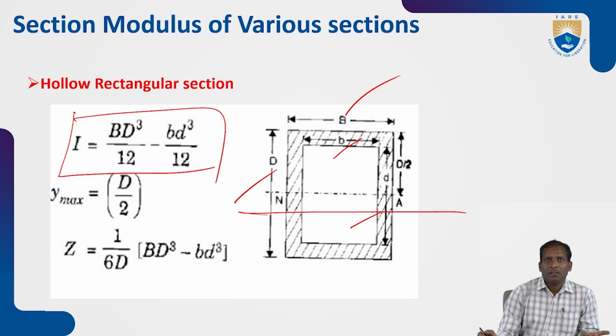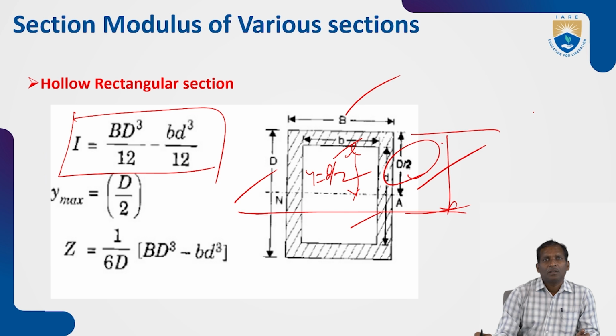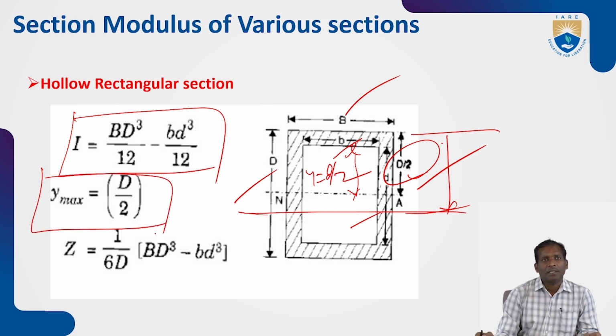So for the smaller dimension, that is the depth, y is equal to d by 2. For the bigger one, that is the outside portion, it is capital D by 2, already given here. The y max, the maximum distance, is capital D by 2.